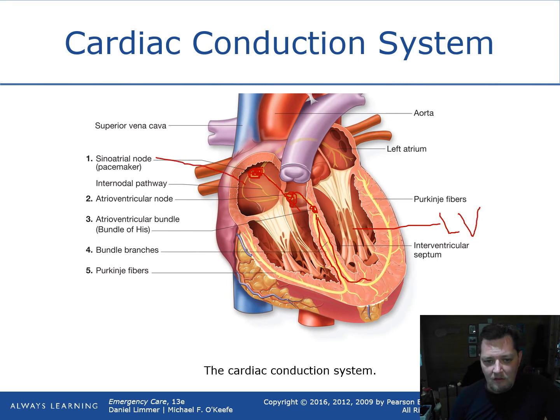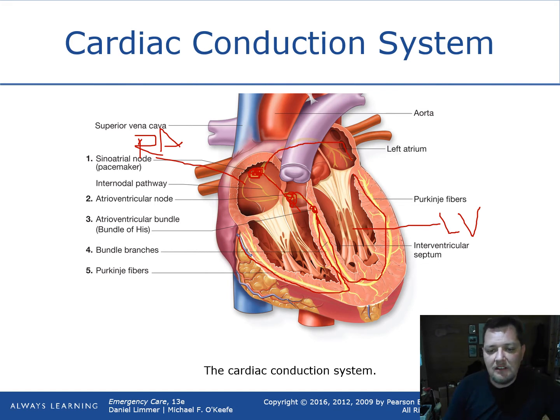This is our right atrium, just for reference. So it goes from here into your bundle branches, and then from here it goes into our Purkinje fibers. Okay, and it makes the heart pump. All right, and then of course this goes over here.